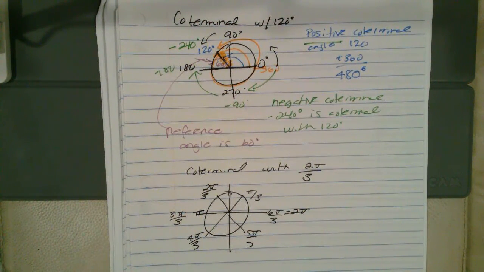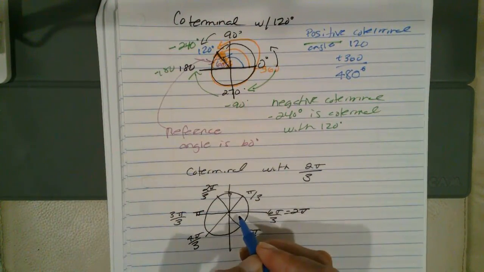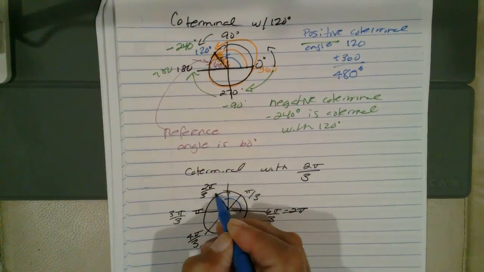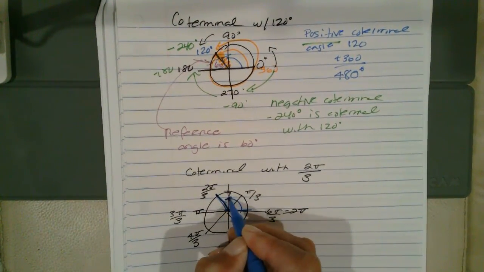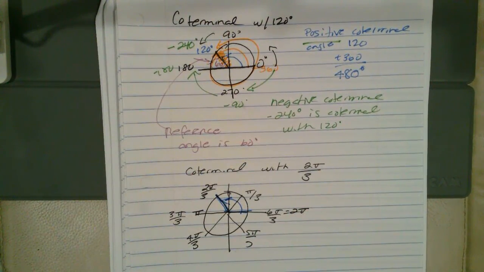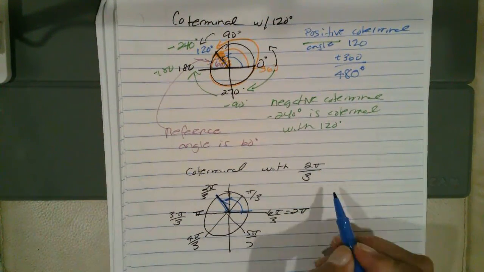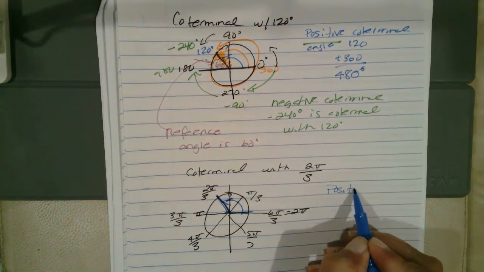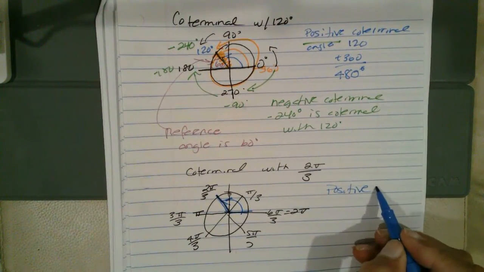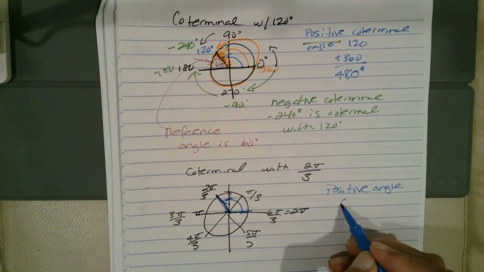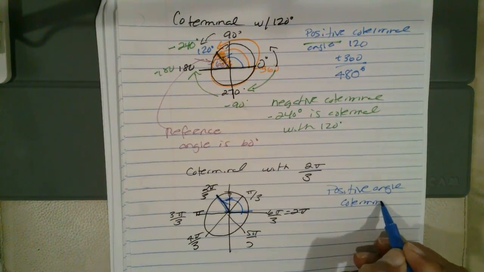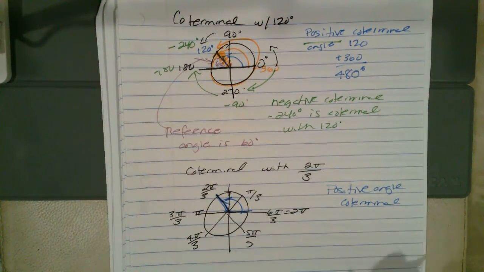How many did I need for this first angle? They asked for 2 pi over 3. That means this is the first angle that I'm dealing with, the 2 pi over 3. If I want a positive angle coterminal, I can go around the circle more than one time.